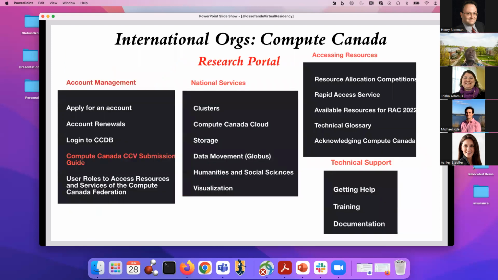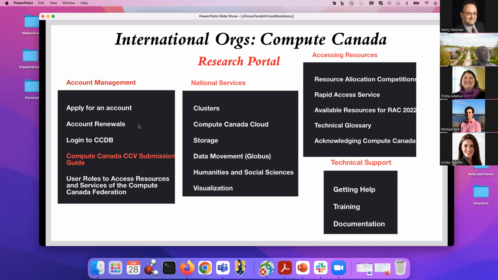Compute Canada is an organization that's similar to XSEDE or other service providers in the US. It gives access to computing resources. It has a well-organized portal. You have account management, resources available, how to access those resources, and where to get technical support if you need it.